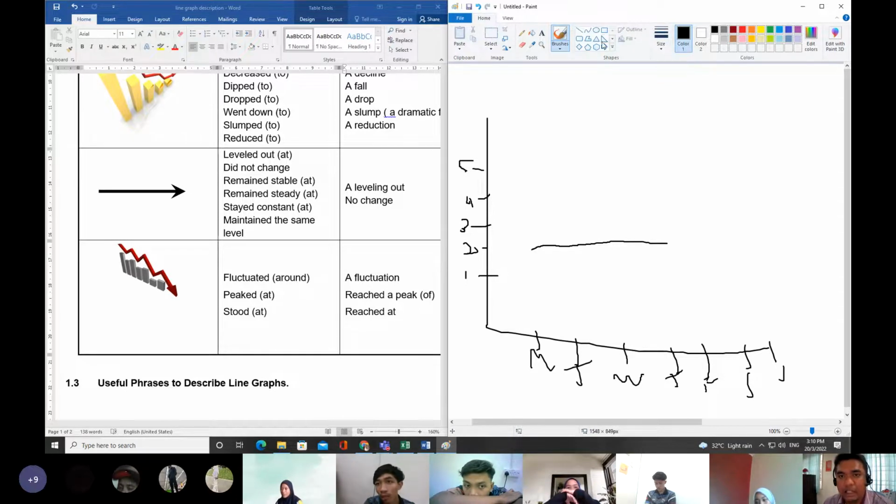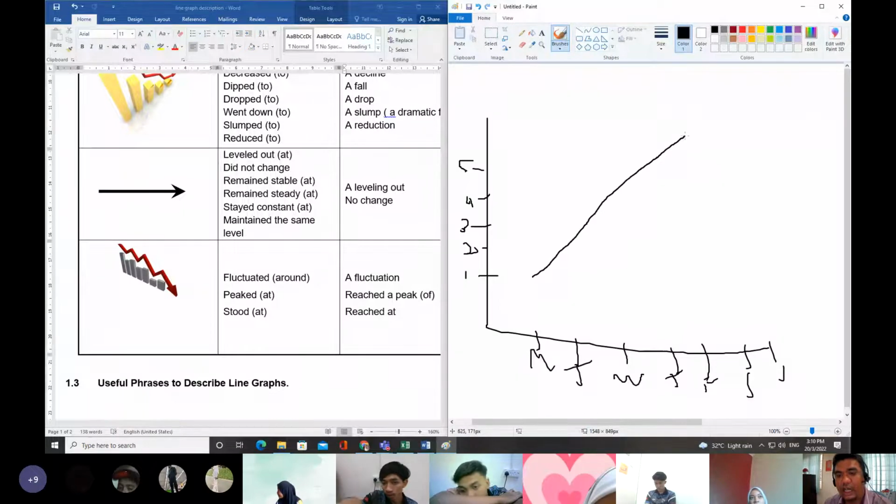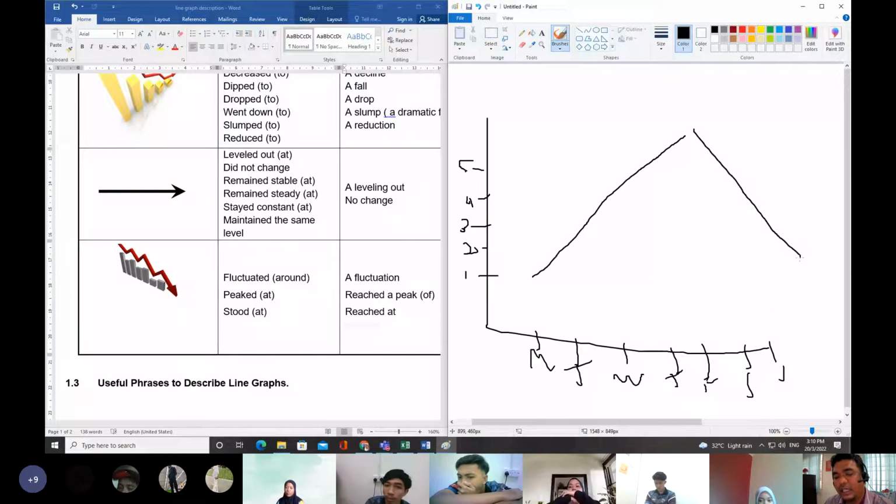However, in some cases, it doesn't mean a horizontal line like this. It can also mean a line like this. An increase, a constant increase or a constant decrease. For example, okay, hari ni Timah jual satu nasi lemak.